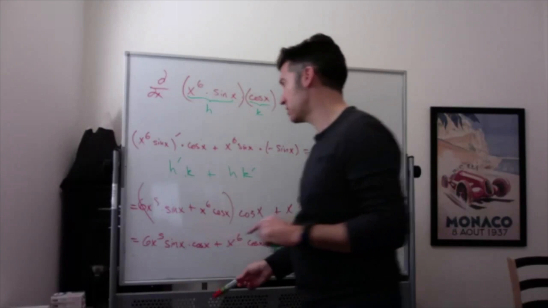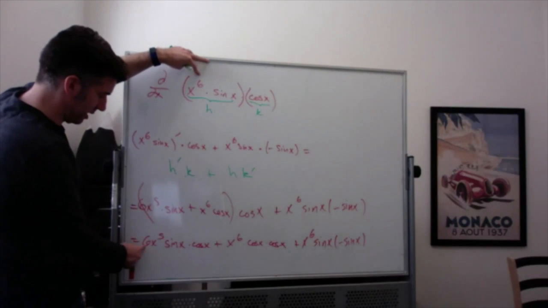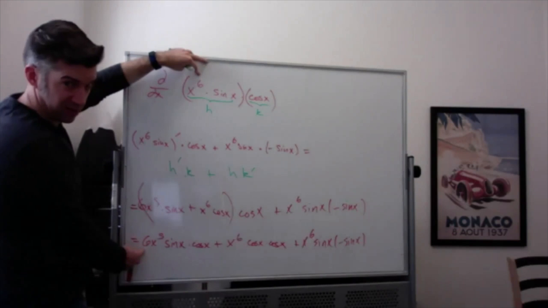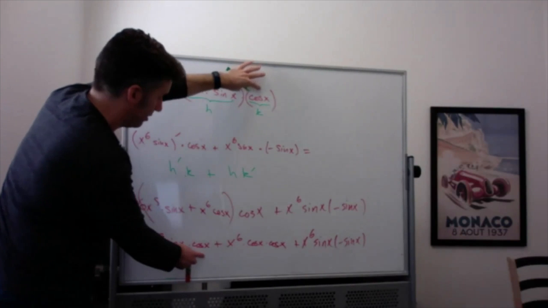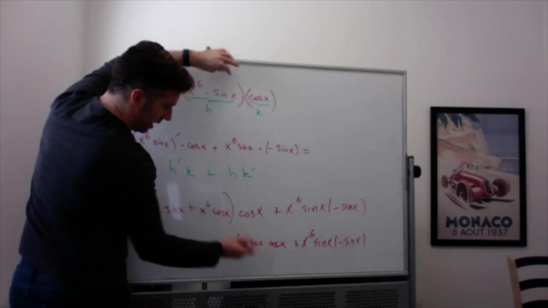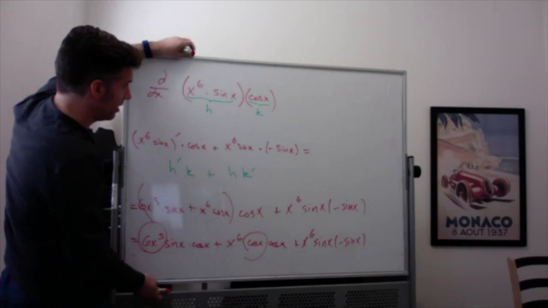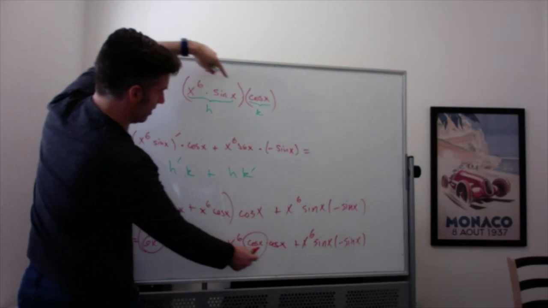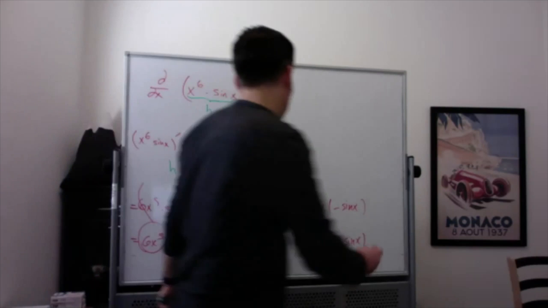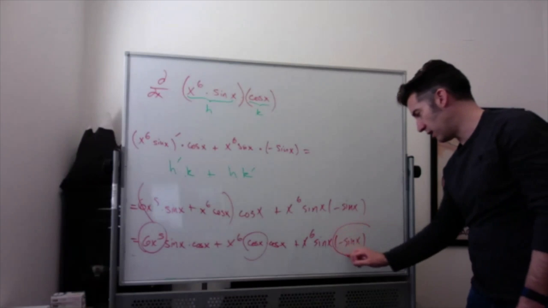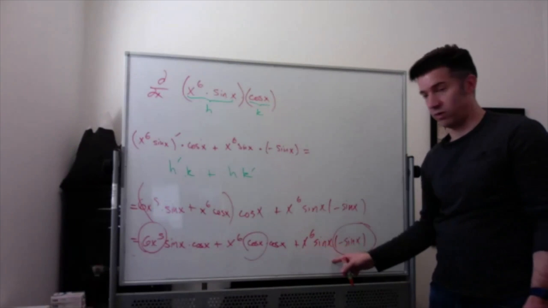So this first piece has the derivative of x to the sixth, which is 6x to the fifth, times sine times cosine. The second piece has the derivative of sine, right, I'll circle the derivatives, times the not derivative of x to the sixth and the not derivative of cosine. And this last piece has the derivative of cosine times the other 2 not derivatives.